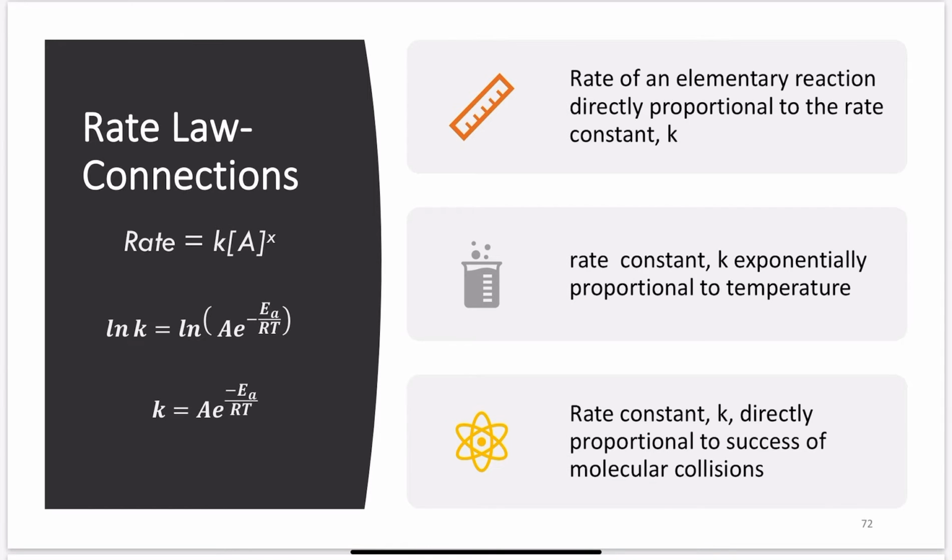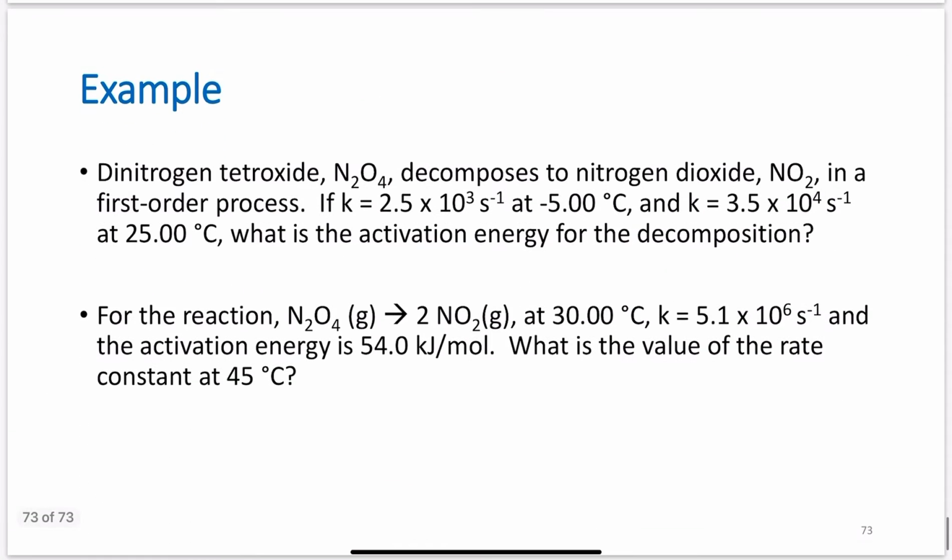These are all connections that you need to be able to make. So again, your rate constant K is directly proportional to the rate of the elementary reaction, exponentially proportional to temperature, and directly proportional to the success of the molecular reactions themselves. And lastly, let's work 2 last examples.